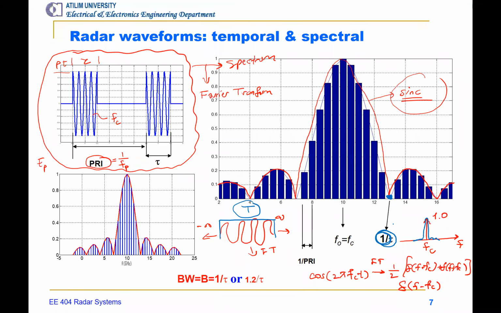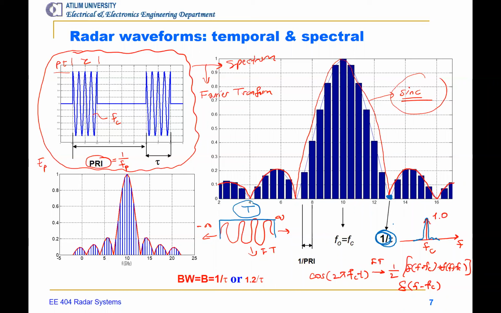So from here, if I reduce the pulse width, smaller the pulse width, wider the sinc function, which means broader the spectrum, so larger the bandwidth. So from here we conclude that narrower the pulse, bigger the bandwidth.